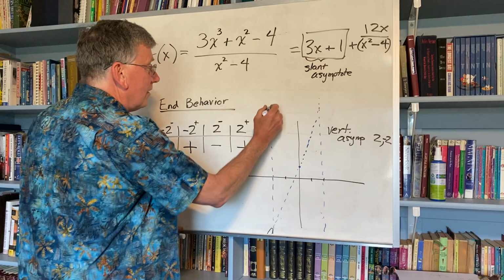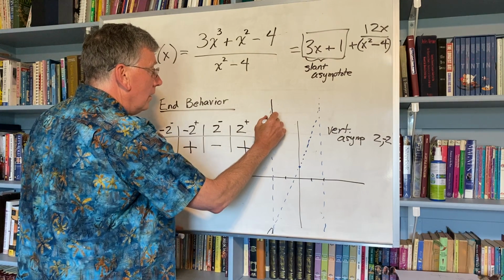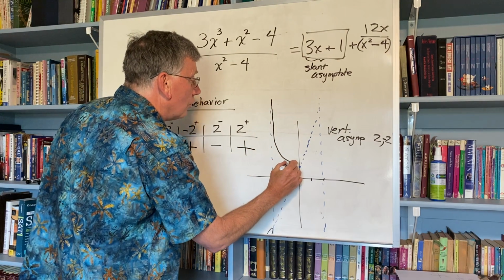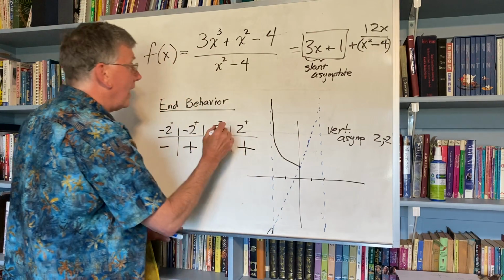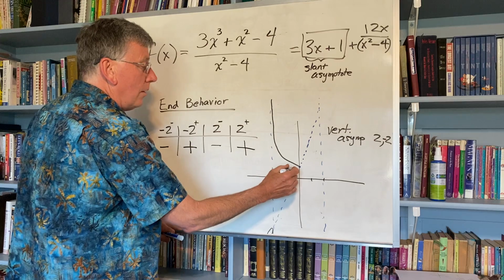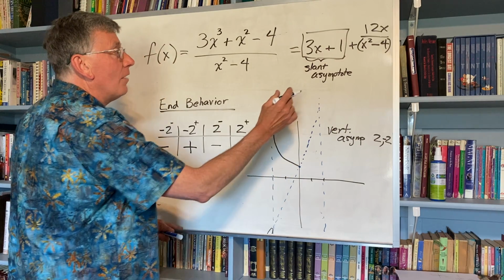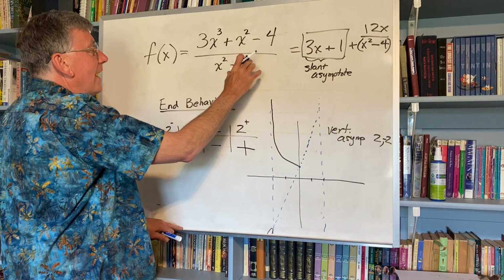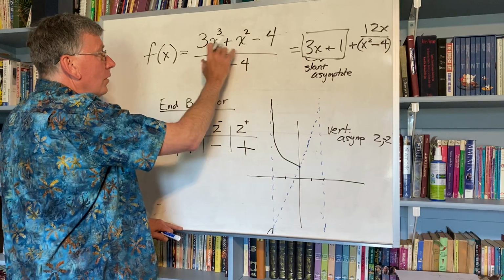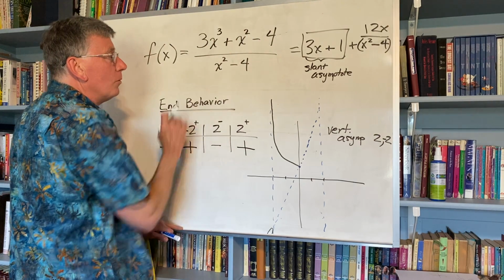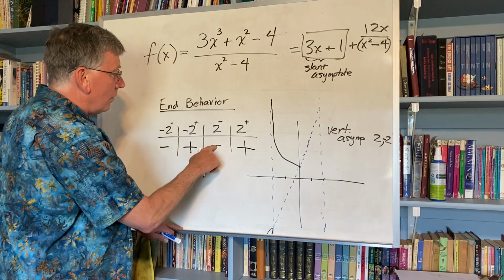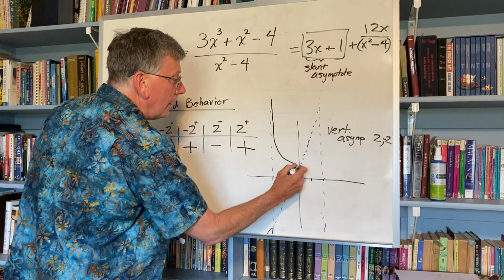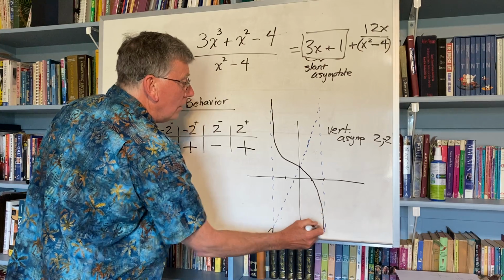-2 plus means I'm going to be starting from up here. I'm going to go through that point there, because when x is 0, -4 over -4 is 1. It goes through there. Then when I get close to 2 on this side, I'm going to be dropping down.